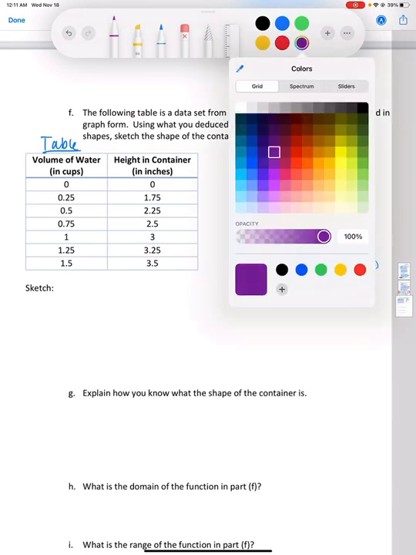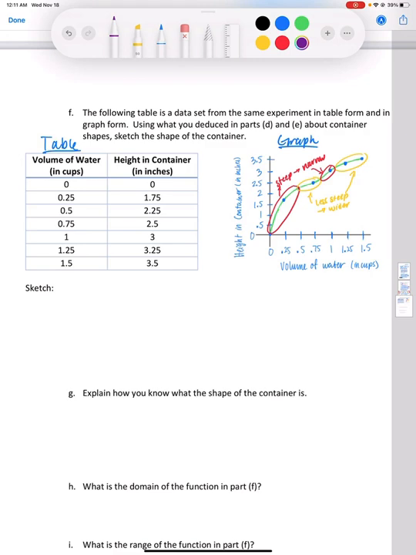Sketch it out. So it's narrow at the bottom. Okay, narrow at the bottom. It goes a little bit wider at the middle. It comes a little bit more narrow. And it goes a little bit wider. Okay.